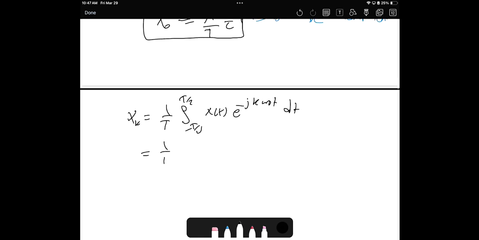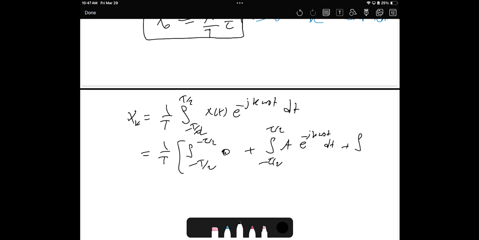So which will be 1 over T. So we said the integral from negative T over 2 until negative tau over 2, this is 0. So don't worry about it. Then the integral from negative tau over 2 until tau over 2, this will be A e power negative jk omega naught t dt, plus the integral from tau over 2 until T over 2, this is 0 as well.